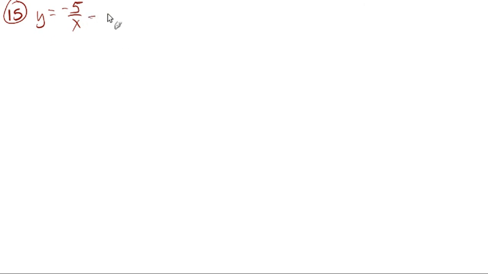But then we're going to subtract 7. So this is like -5 times 1/x minus 7. So we're going to have the same kind of values here as we did for 1/x, and we're going to multiply by -5. That's going to make the graph flip over, and it's going to make the graph taller. And then we're going to subtract 7, which means we're going to shift down 7.